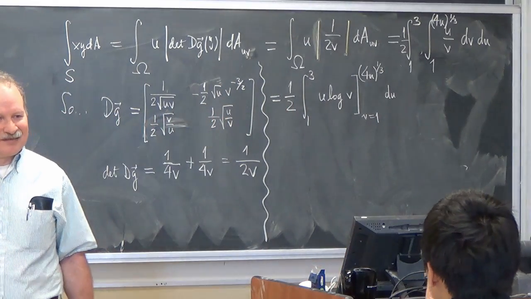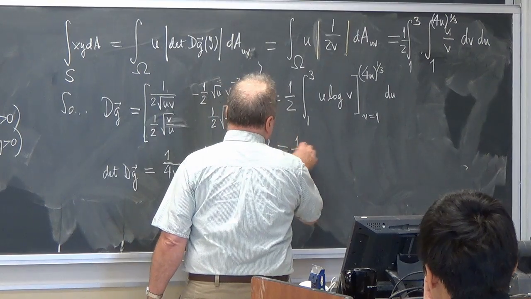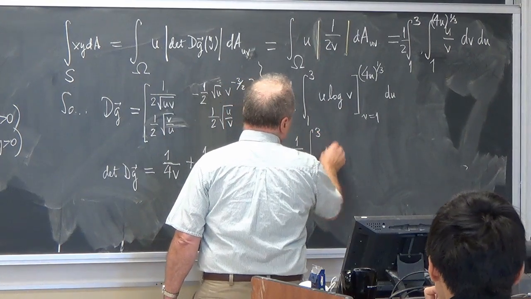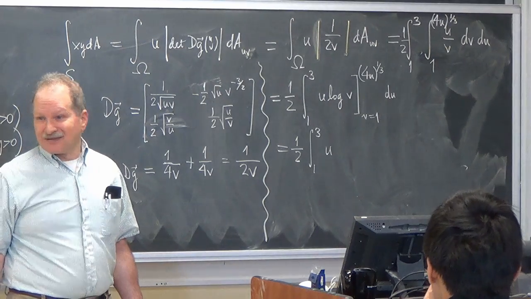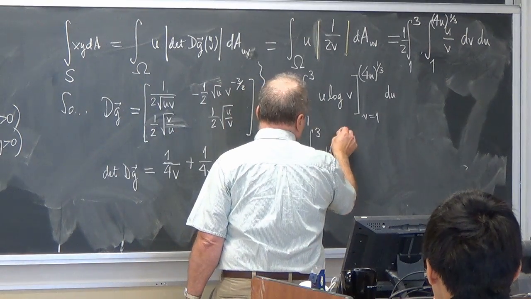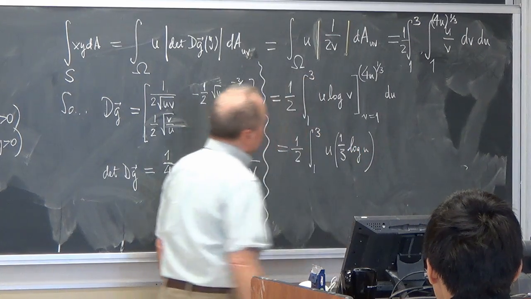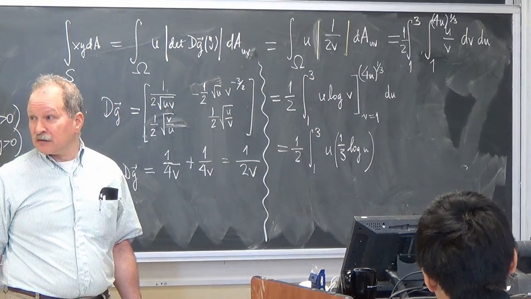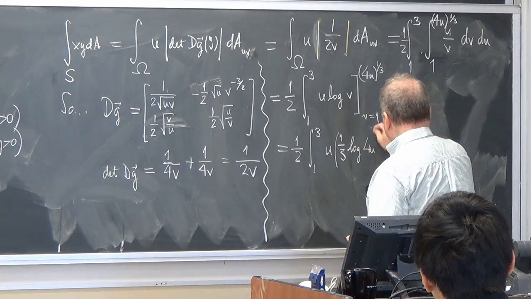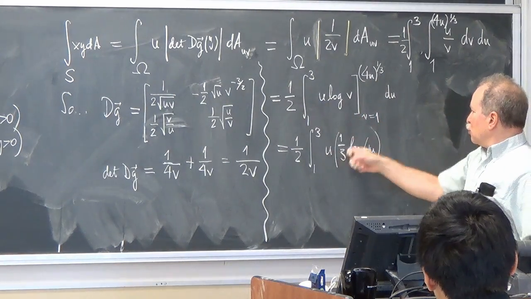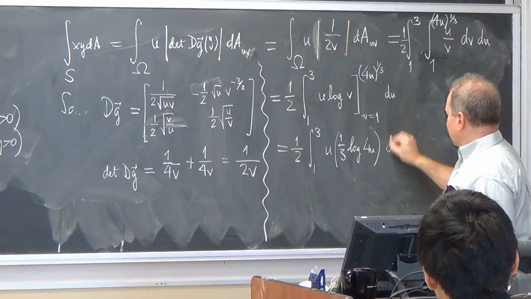Because the 1/3 comes out. What's the log of the 1/3 power of something? 1/3 log, so I get 1/3 log of 4u minus log of 1. So I'm left with this.